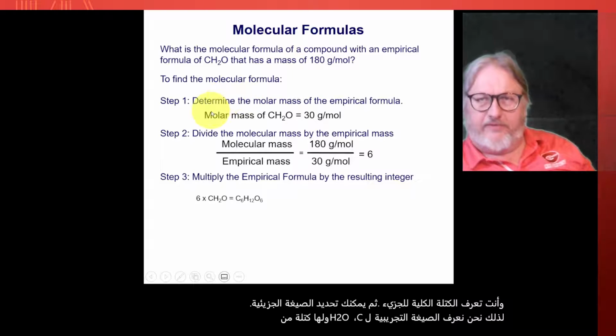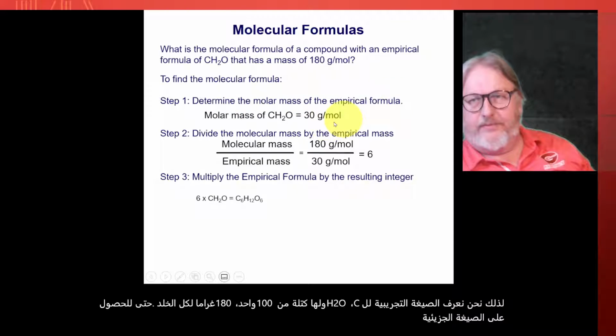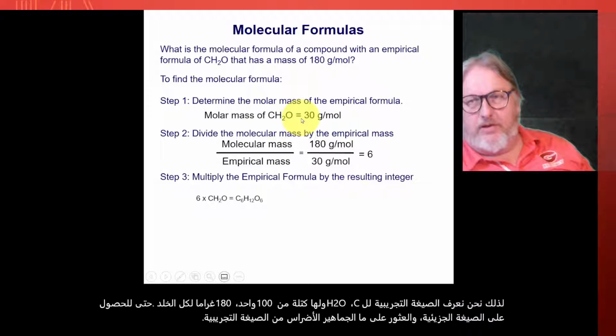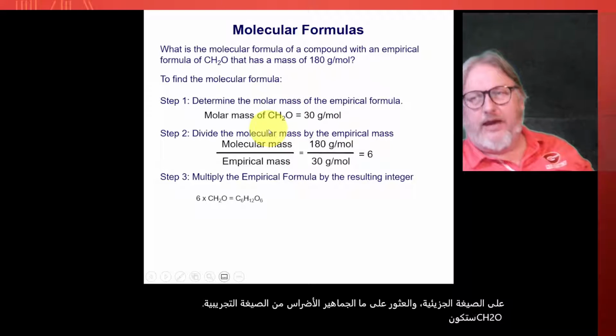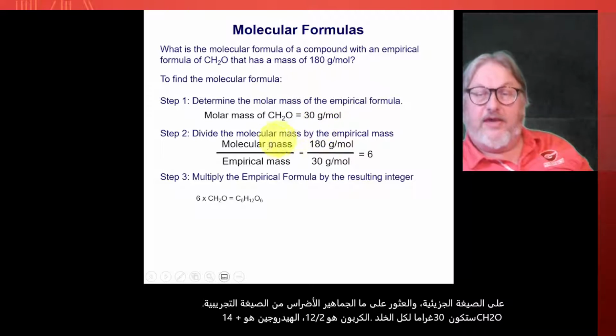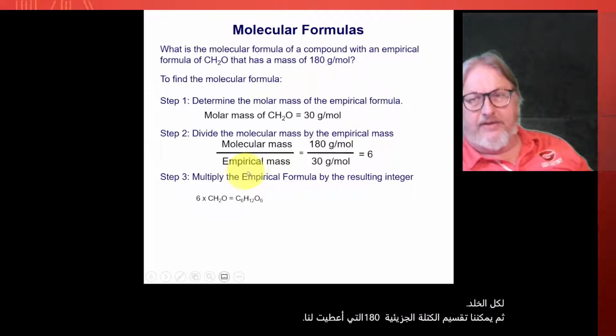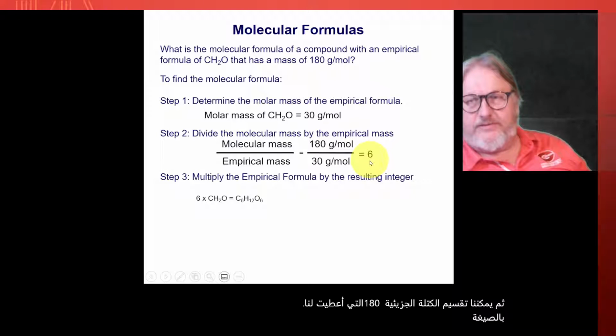So to get the molecular formula, find what the molar mass is of the empirical formula. CH2O is going to be 30 grams per mole. Carbon is 12, 2 hydrogen is 2, plus 16 for oxygen is going to be 30 grams per mole. Then we can divide the molecular mass, 180, given to us by the empirical formula mass calculated, and it's going to have a multiple of 6.